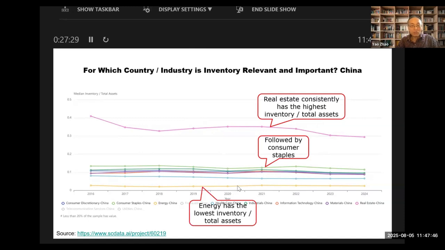And energy in China has the lowest inventory over total assets ratio. So energy in China and also in the US has very little inventory problems. It's an interesting observation. If an industry has had inventory problems in the past, it tends to have inventory problems in the future. It's very consistent over time. So I want to share this. I think this is interesting.